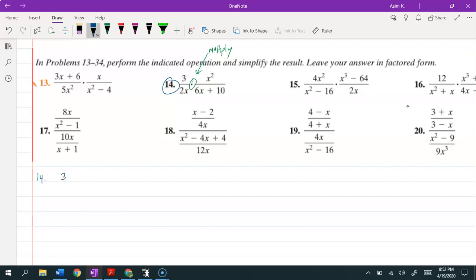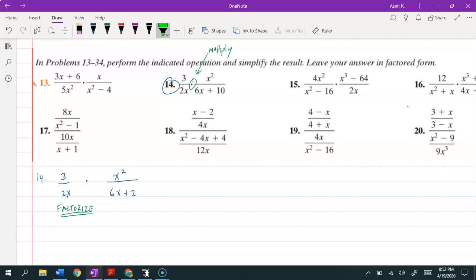So it says 3 divided by 2x multiplied by x squared over 6x plus 10. So remember the secret, you need to factorize, right? Just remember, everything needs to be factorized from here on out, okay? Anything you see that has things in common, start factorizing.